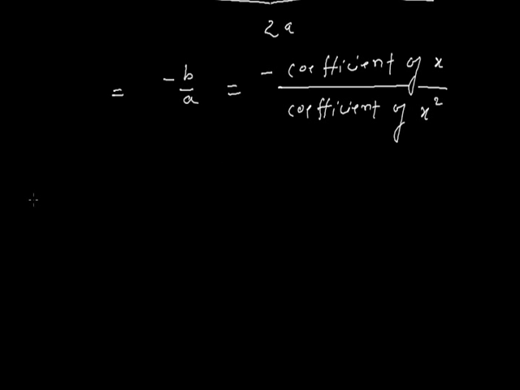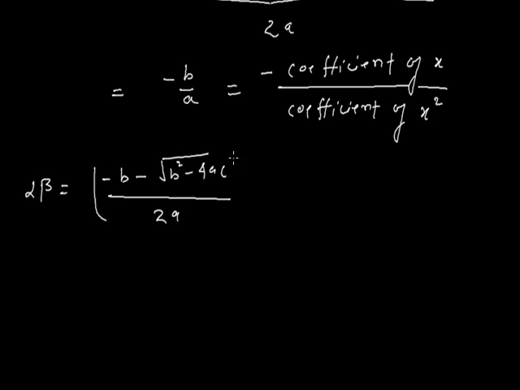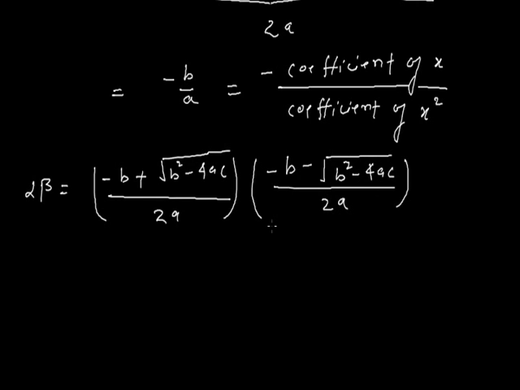Similarly, the product of the roots, alpha into beta, is equal to (−b + √(b² − 4ac))(−b − √(b² − 4ac)) upon (2a)².